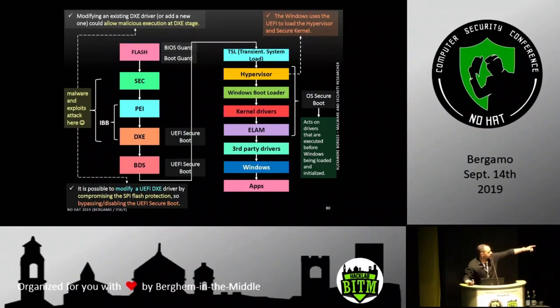On the other side, Windows bootloader, kernel drivers, and so on. We have some defenses, in this case BIOS Guard, Boot Guard, UEFI secure boot here, and on the other side, we have the OS secure boot. In all these cases, it's possible to circumvent the protections.